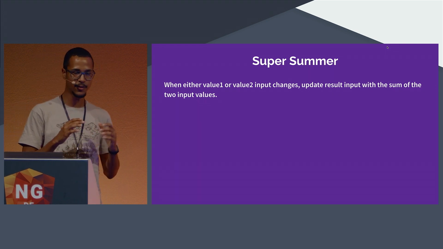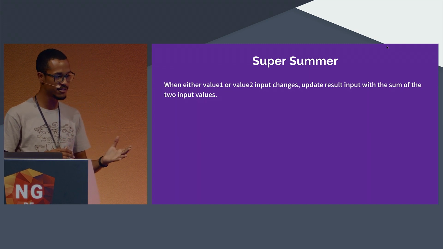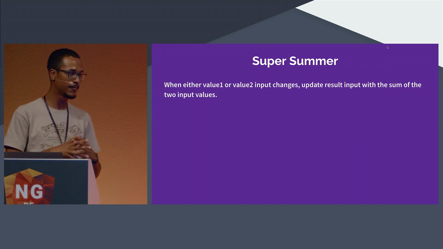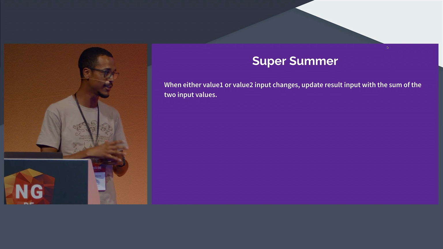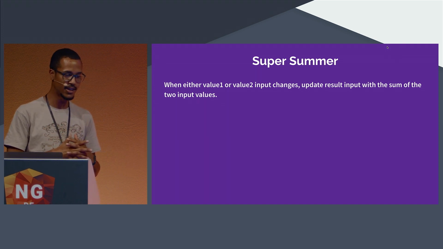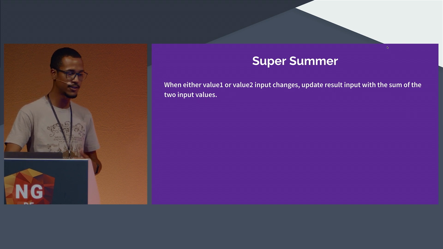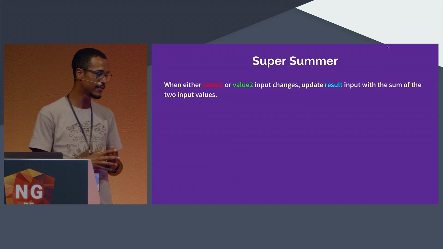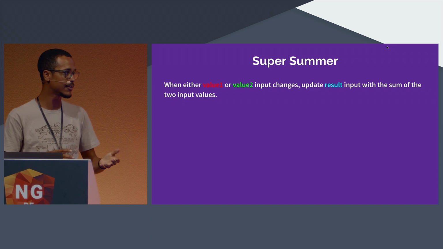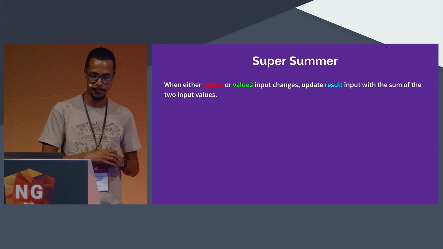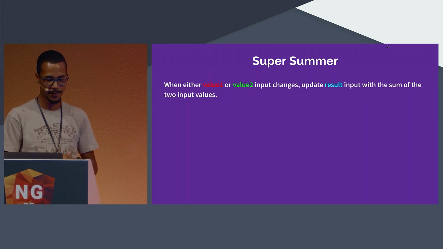So we first have to identify the events that are dependent. Again, thinking reactively, you have to identify dependent events that interact with each other. Here it's very simple: value 1, value 2, and result inputs, changes, and values, they are interconnected.